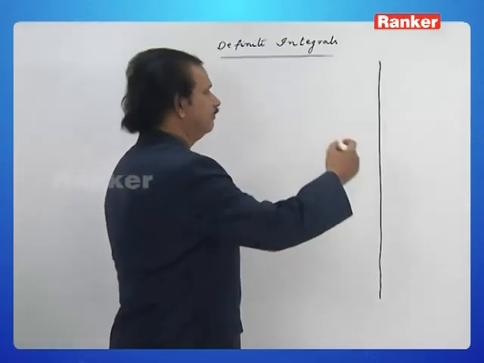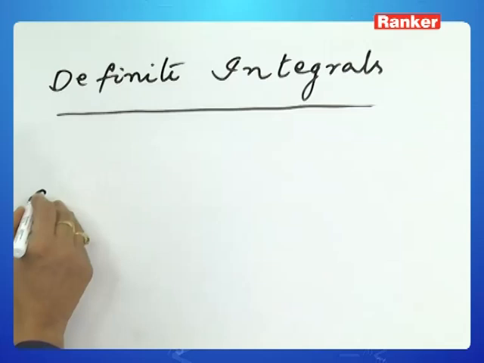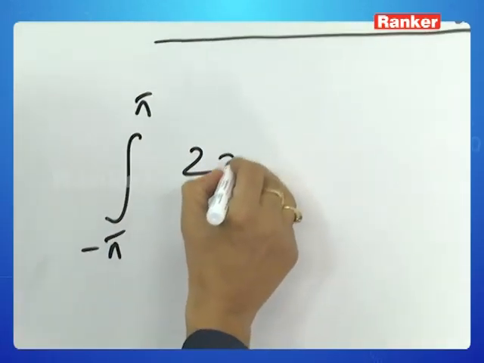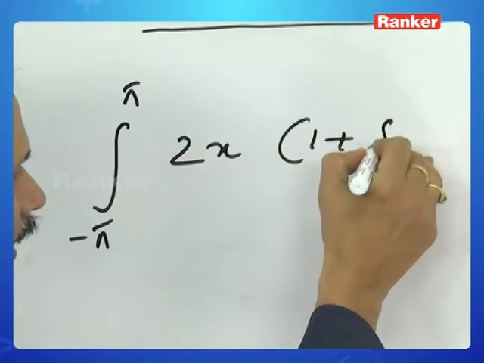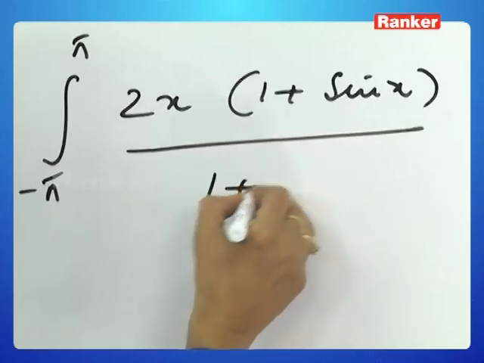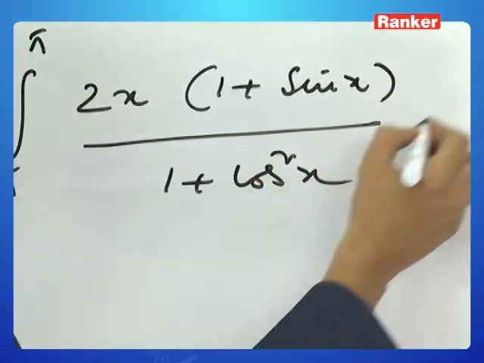The next problem before us is the integral from minus pi to pi of 2x into 1 plus sin x by 1 plus cos square x dx.